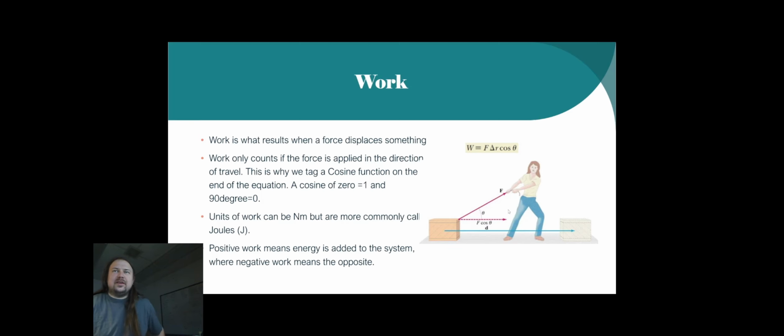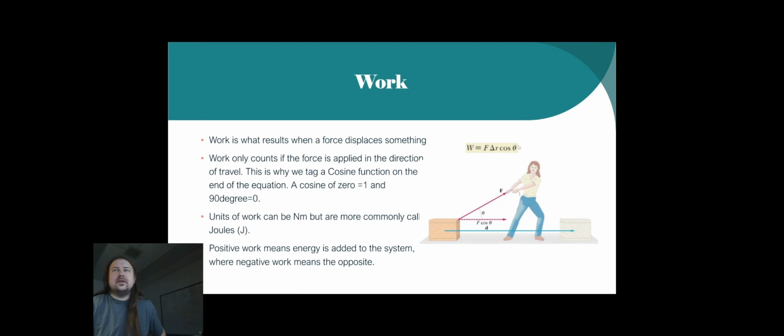And from all that, we get an equation here. Okay, work is then equal to the magnitude of the force times the magnitude of the change in r. It doesn't just have to be x, it could be y, it could be z, but some displacement, right? So force times the displacement, and then you have that cos theta.